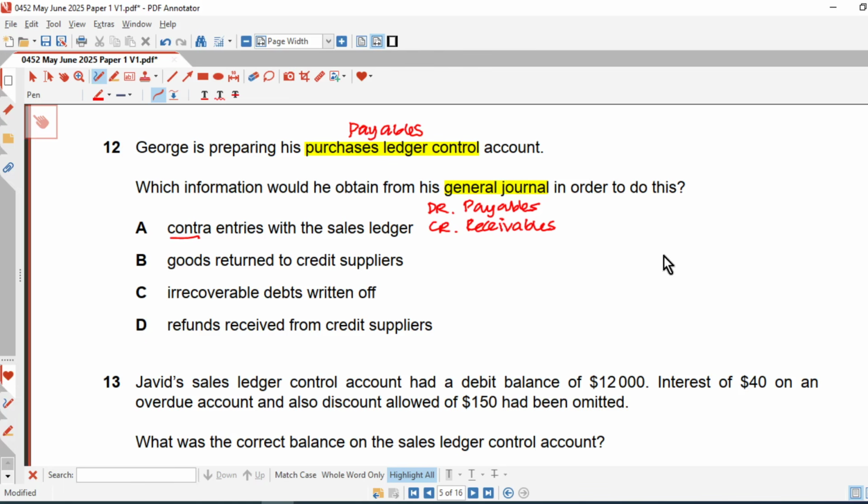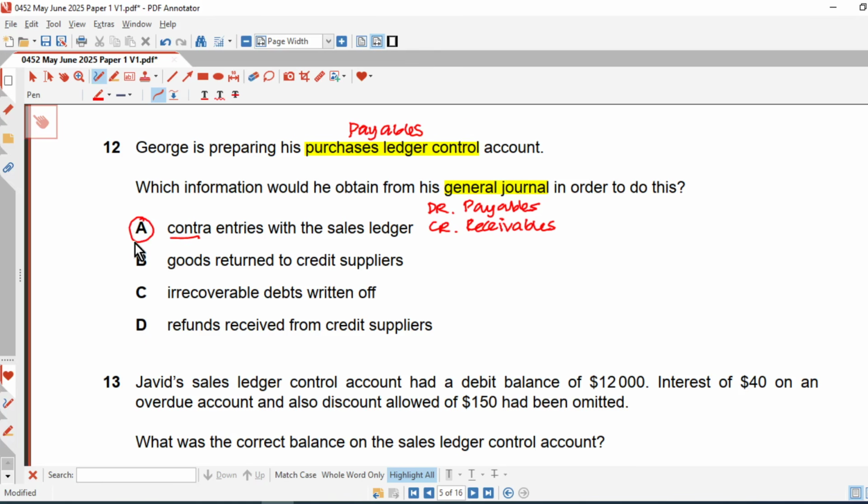We're going to net it off. I pay you 200. So that is the contra. Contra does fall in the context of the general journal. Alright, so A for now is a good answer, but I'm gonna check the rest just to be sure.